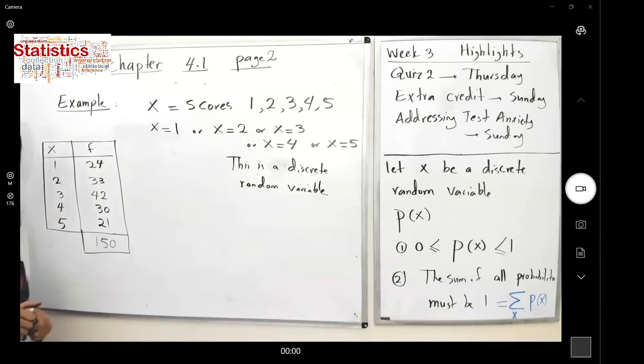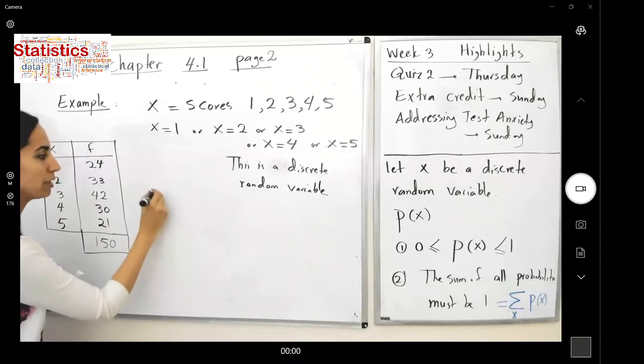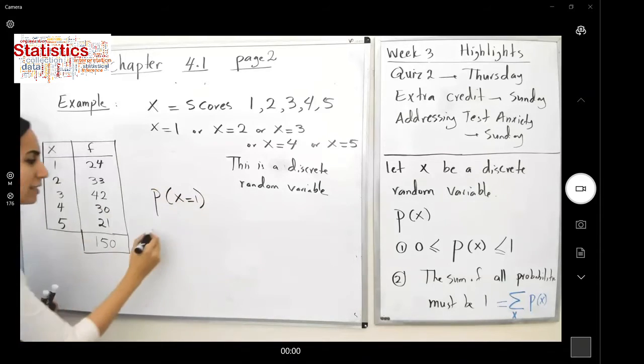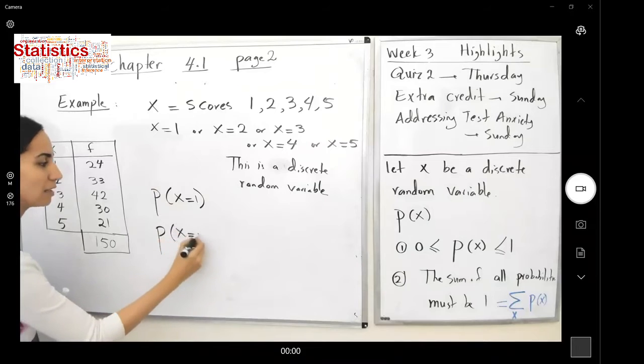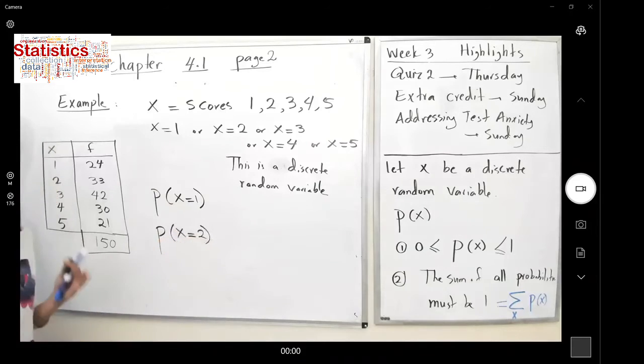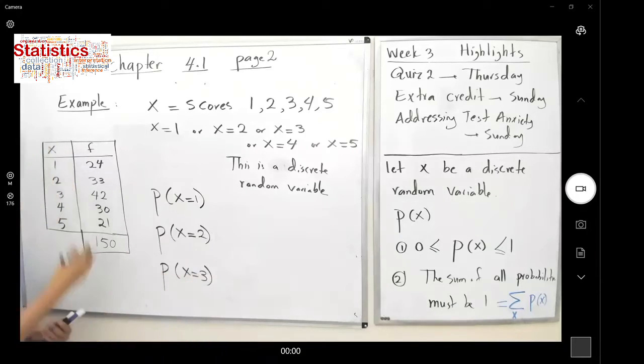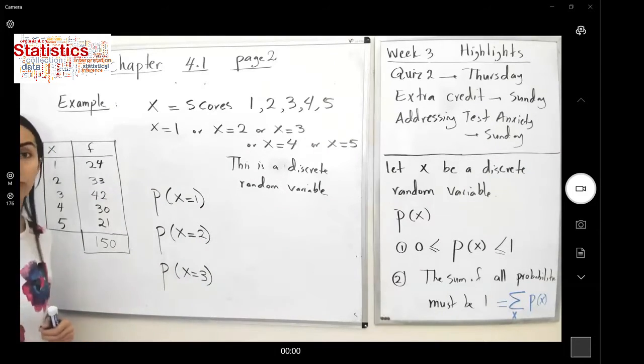What is the probability of a person, you randomly select a person, and that person got score 1? So what's the probability that x is equal to 1? What is the probability that x is equal to 2? What is the probability that x is equal to 3? You randomly select a person. What is the probability that the score of that person is equal to 3?